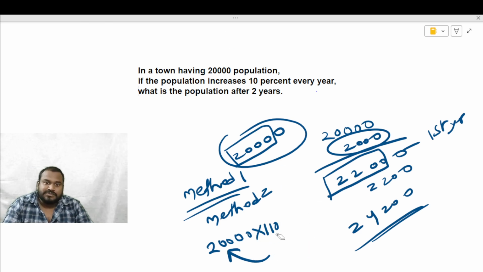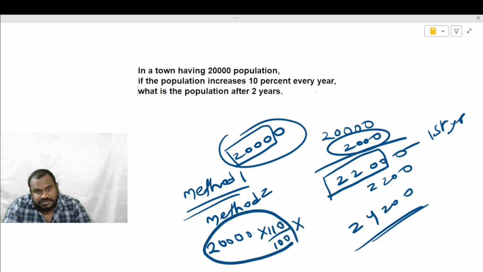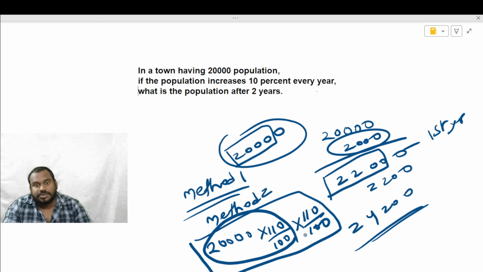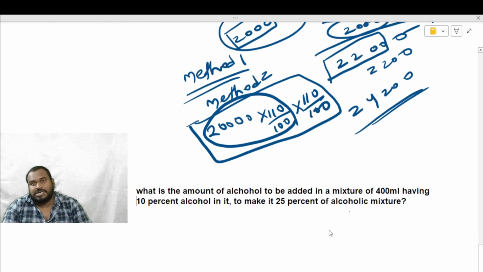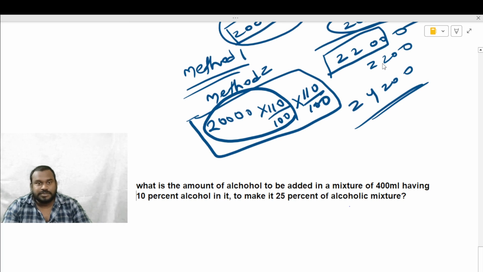So 20,000 into 110 by 100 will give you the value after 1 year. After 2 years, this whole value should be multiplied again with 110 by 100 to get the population after 2 years. This is one more method in one step. Fine, but if multiplication is there and you want to avoid that, you go with the first method.